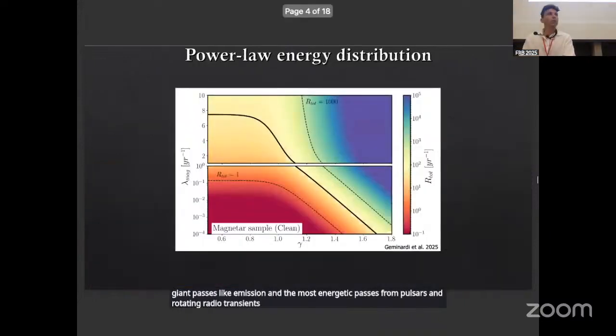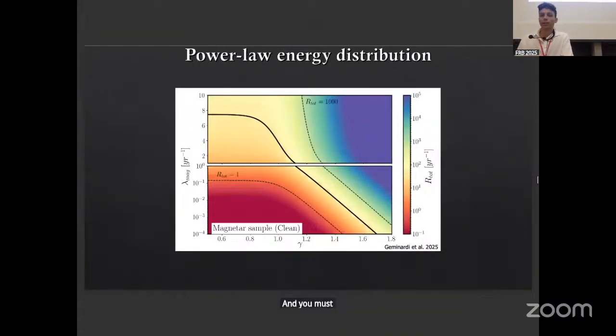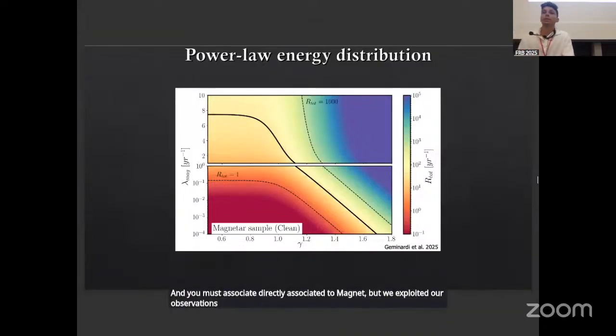In our campaign, we didn't detect any radio bursts directly associated to magnetars, but we exploited our observations to set upper limits on both the burst rate and their energy distribution.